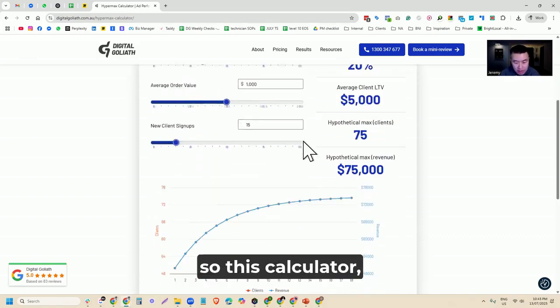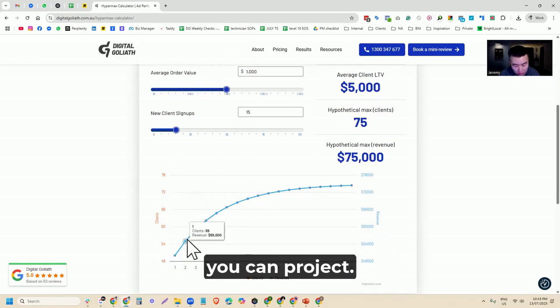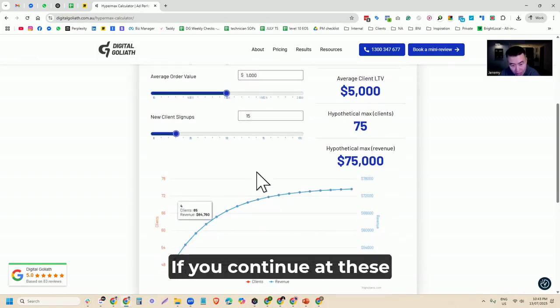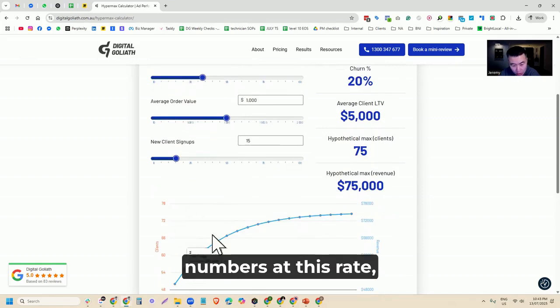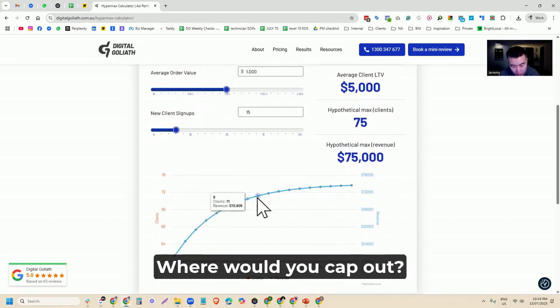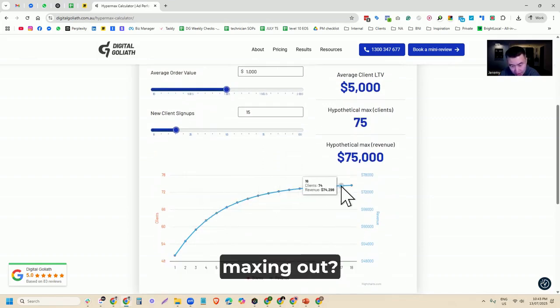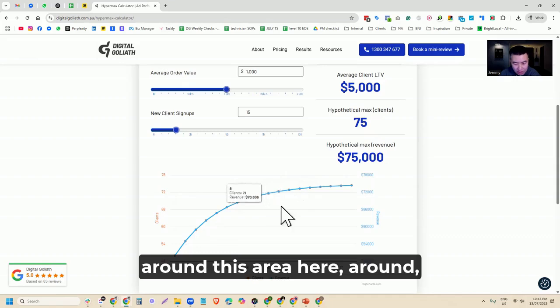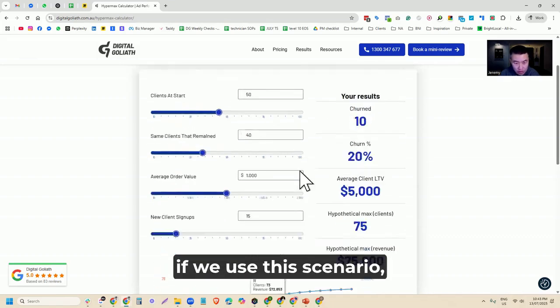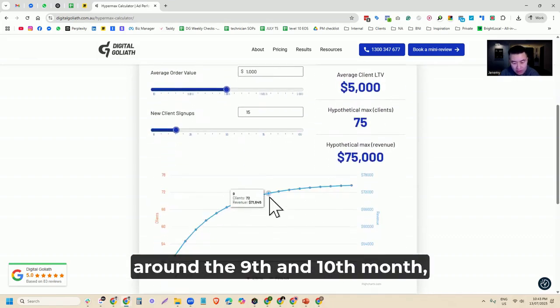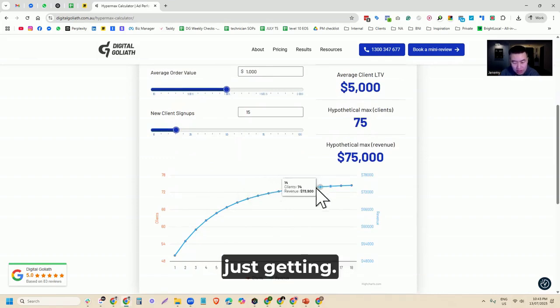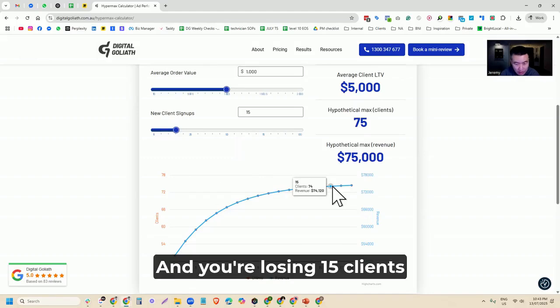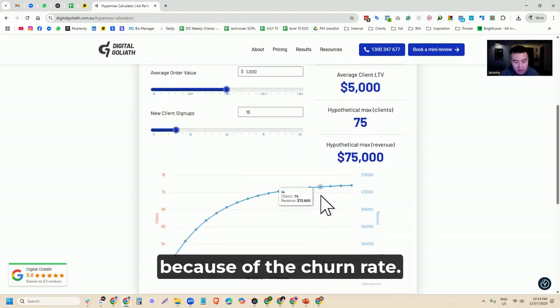Okay. So this calculator, the beauty of this is that you can project, if you continue at these numbers at this rate, where would you cap out? Like where would you start maxing out? So what do I mean by maxing out? Maxing out just means that around this area here, if we use this scenario, around the 9th and 10th month, you'll be struggling just getting 15 clients, and you're losing 15 clients because of the churn rate.